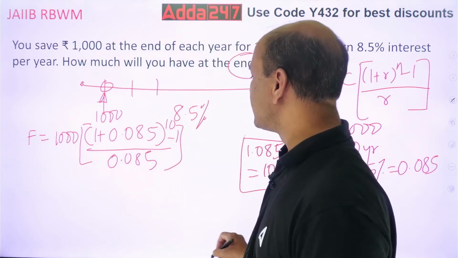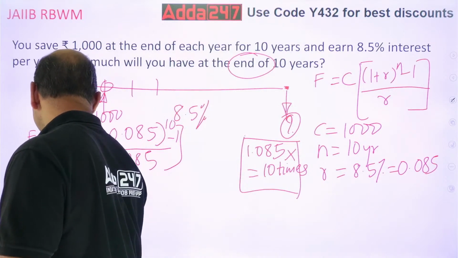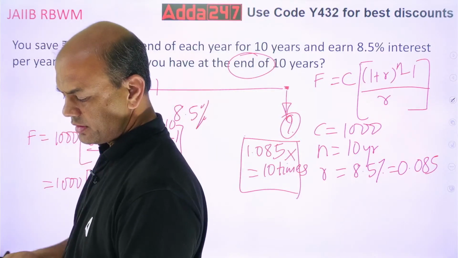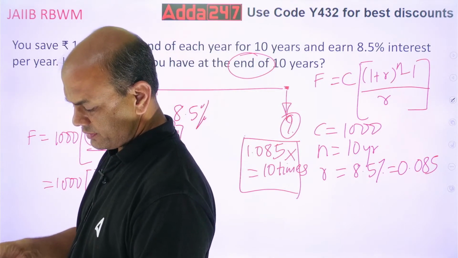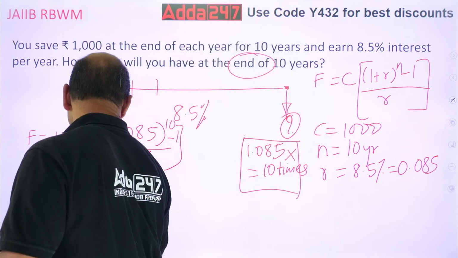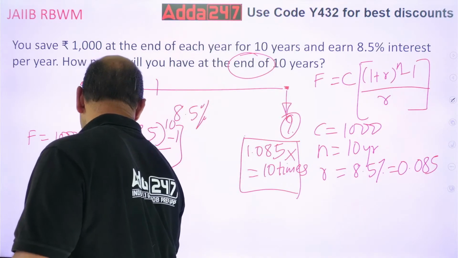So get the answer. It is 1000 into 2.26 minus 1 upon 0.085.